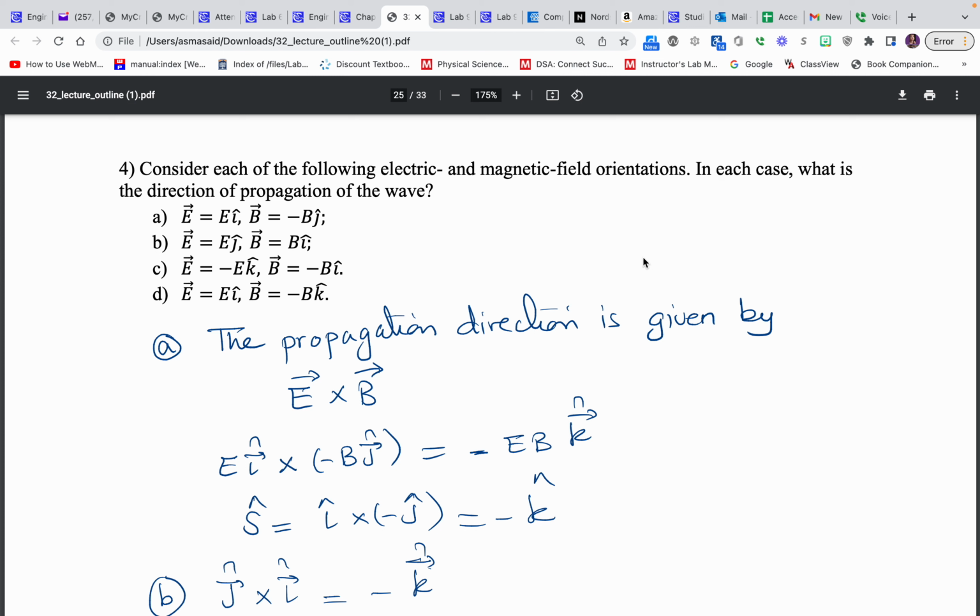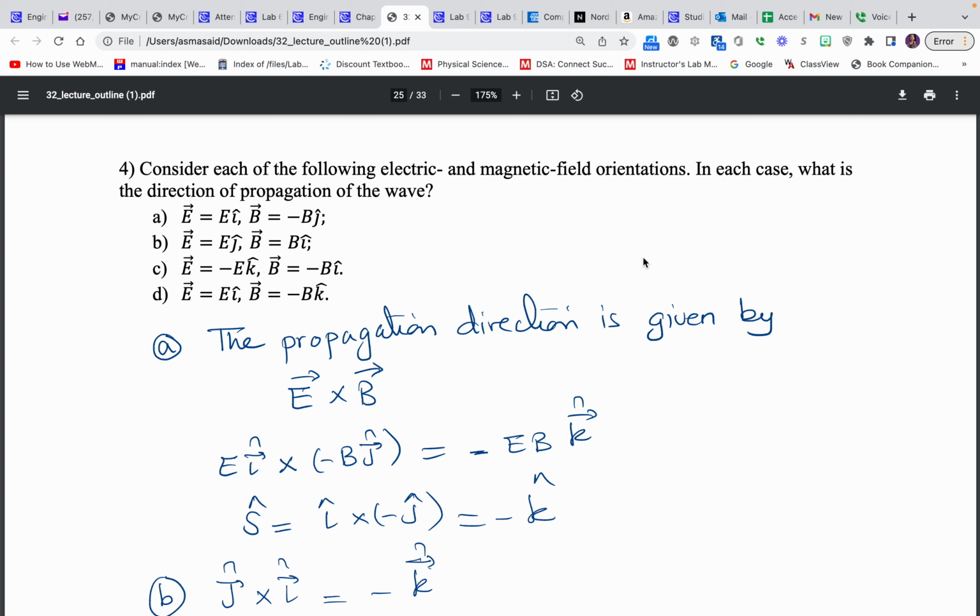Remember, the propagation direction is always given by the direction of E cross B, the cross product between E and B. Now consider each of the following electric and magnetic field orientations. In each case, what is the direction of the propagation of the wave?